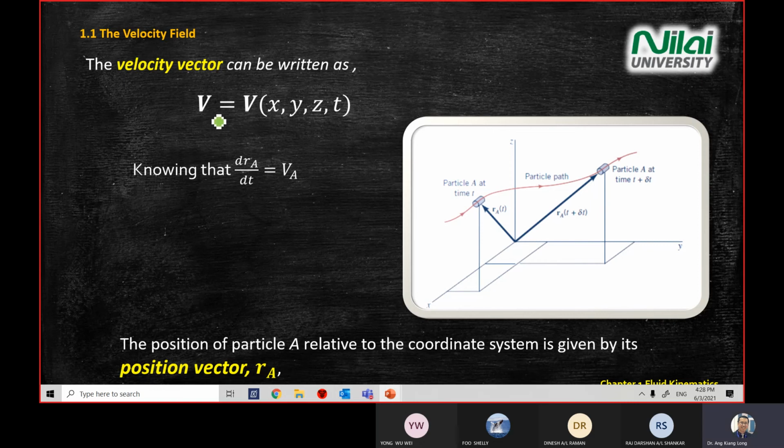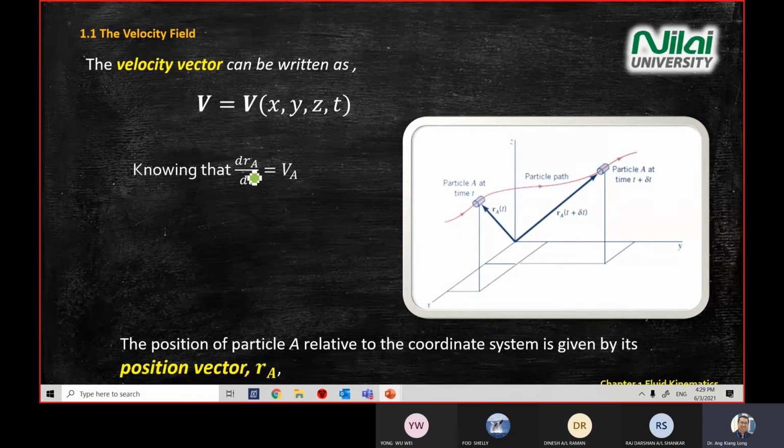Another equation that you will normally see in this module is a differential equation. When you define a velocity, you write the change of r divided by the change of t, and you get velocity. So if you want to define the motion of fluid particles, you write dr over dt, and we know you are going to define the velocity.